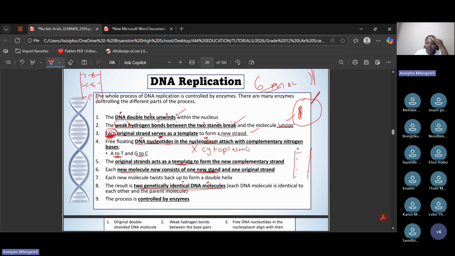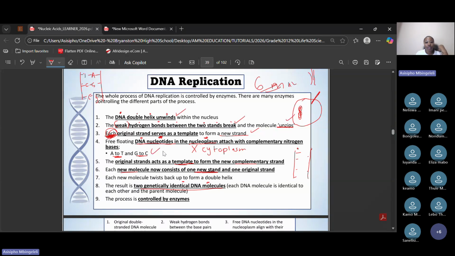They will attach themselves with complementary bases. So if an A is the exposed one, T will attach itself. If G is the exposed one, C will attach itself. There's sometimes a mark for mentioning this and sometimes there's no mark. Okay, for mentioning this part, A to T and G to C.